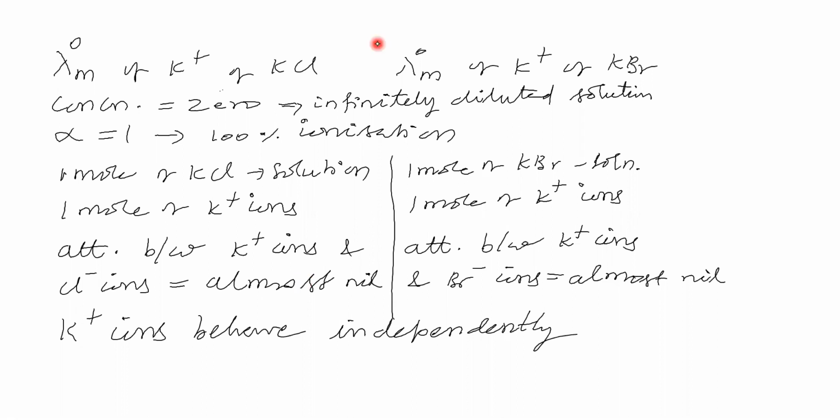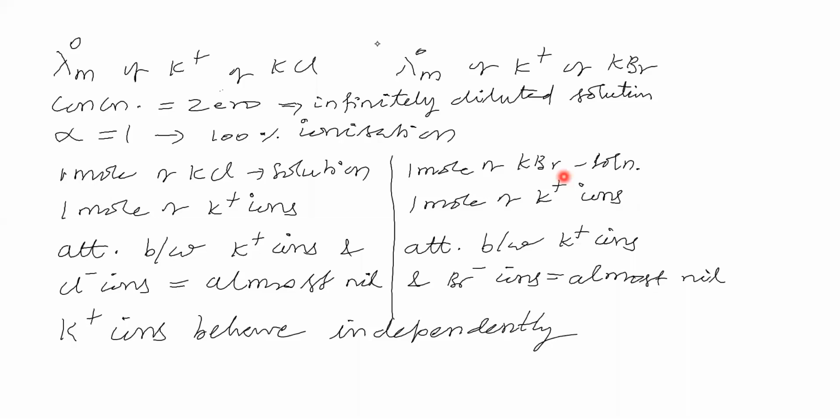There is no attraction, in the sense that Cl minus is not pulling K plus and vice versa. Therefore, K plus ions are not getting attraction from Cl minus ions, so K plus ions behave independently, here and also here.